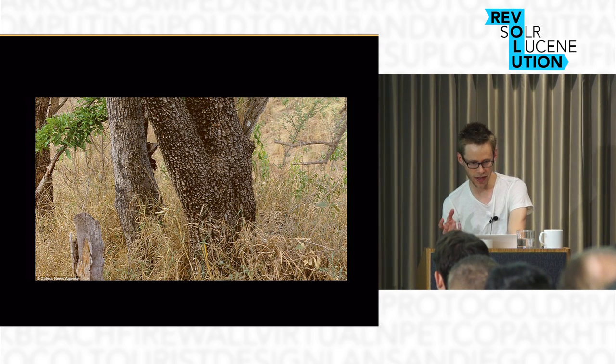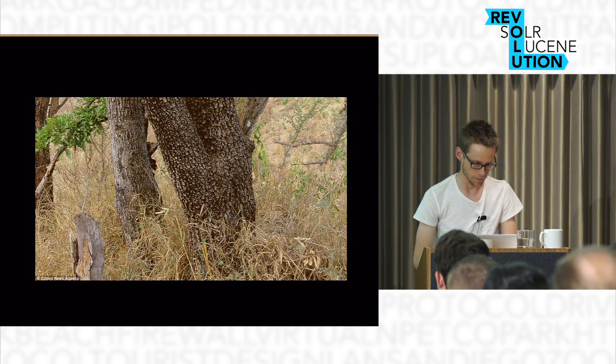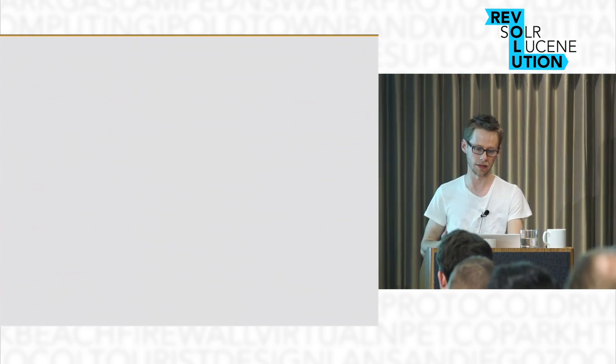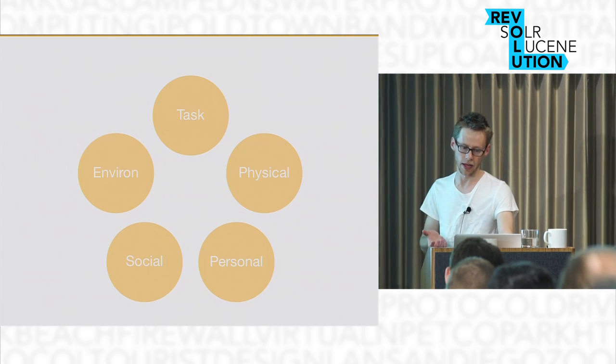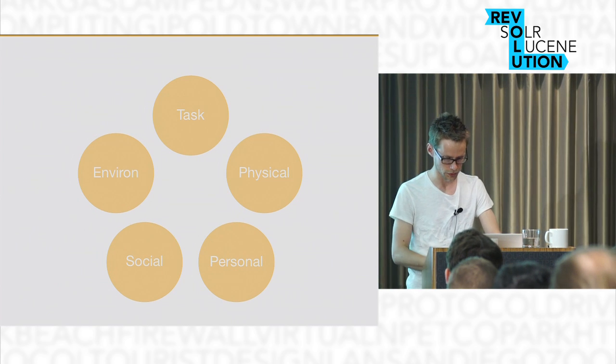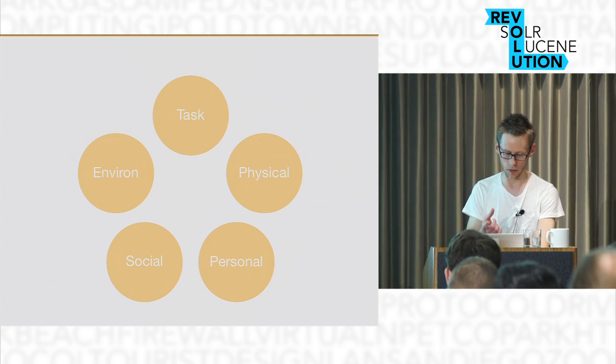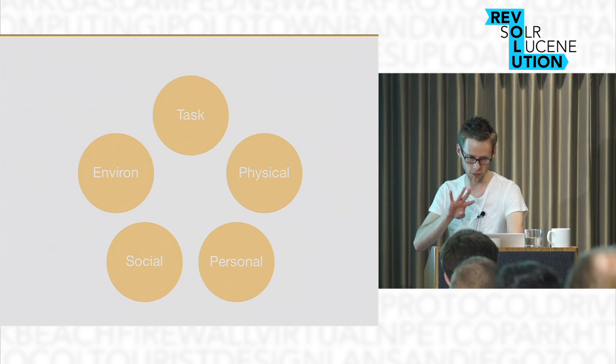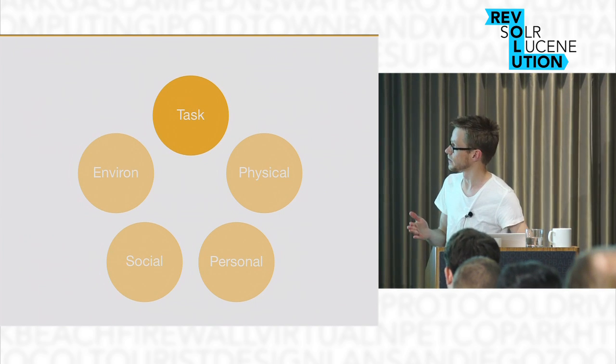This is just a cheeky way of getting into the idea of context. And I'm going to whiz through this now rather than spending time on it, so that we can go straight into looking at design solutions.